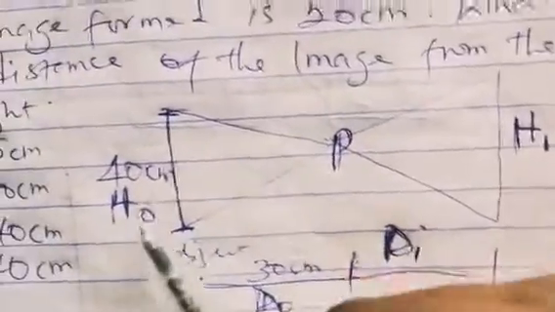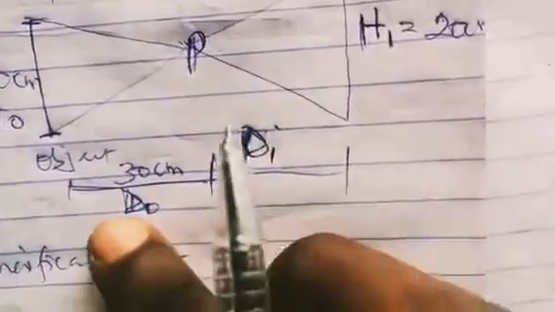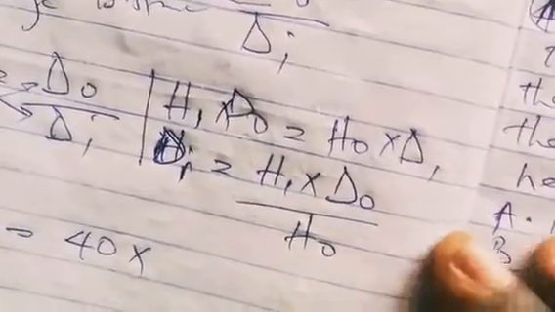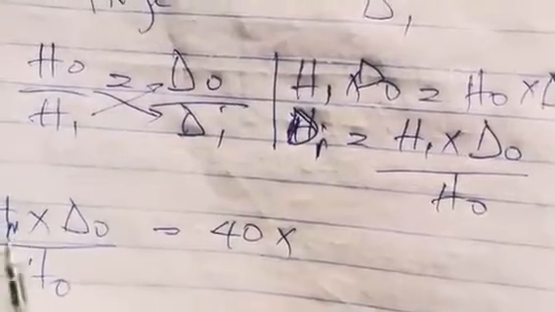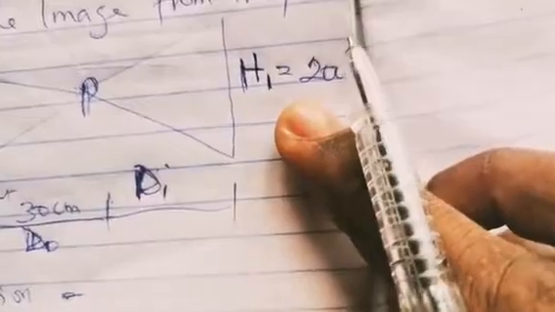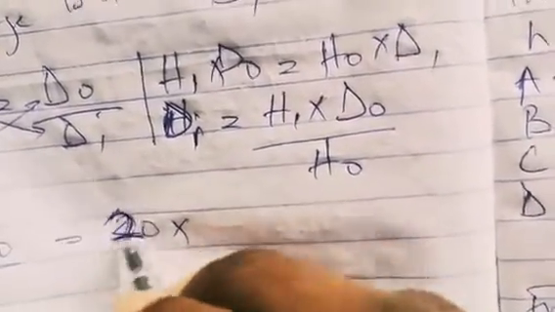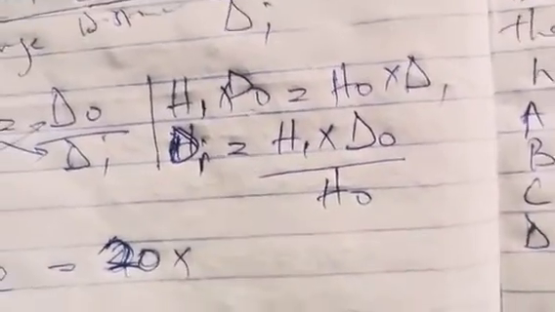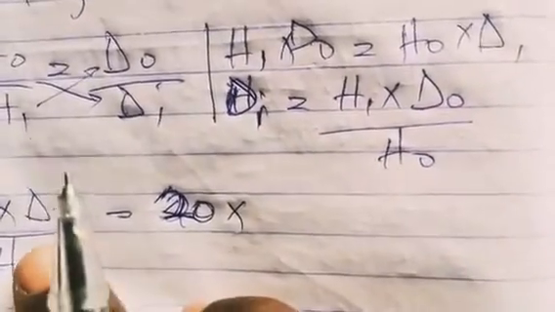The image height was given to us. This is the image height. It was given as 20 centimeters, that's hi, 20 centimeters, times the object distance.